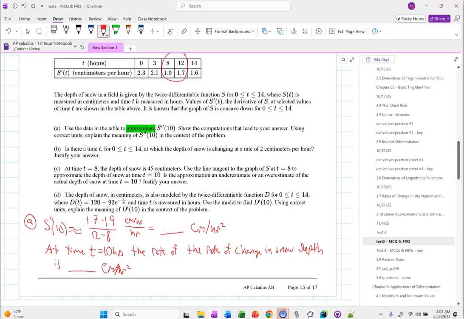Are we okay with how we worded that? So again, if you're a second derivative, you're a rate of a rate.